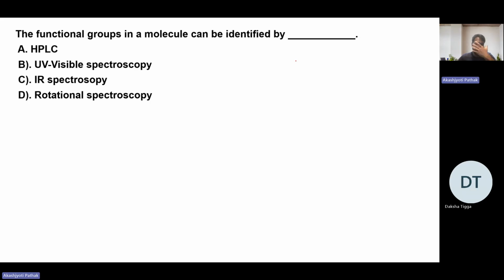And that is why utilizing that particular vibrational frequency, we can identify what the functional group present in our compound is. Okay. So the answer is IR spectroscopy. Already discussed this in detail.